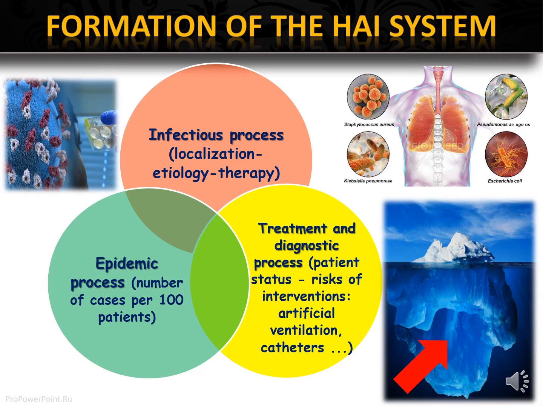When we describe the formation of the health care associated infection system, you see 3 parts. The first part: infection process, localization, etiology, or therapy. The second part characterizes the epidemic process, I mean the number of cases per 2 patients when we characterize different problems. For example, our patient or medical staff infected with coronavirus disease, or maybe Staphylococcus aureus, or Klebsiella pneumoniae, or Pseudomonas aeruginosa, and so on.